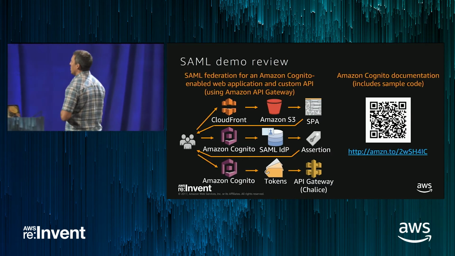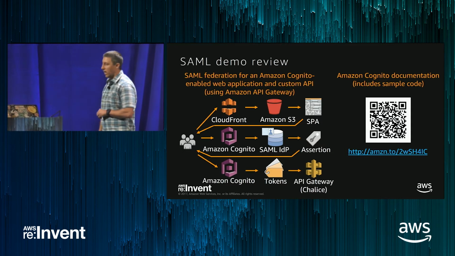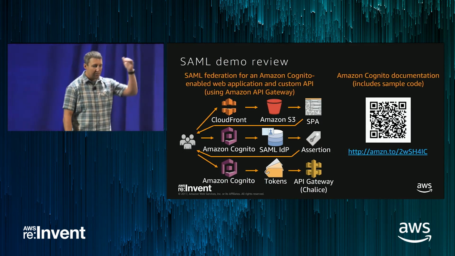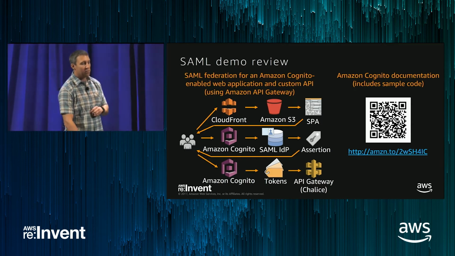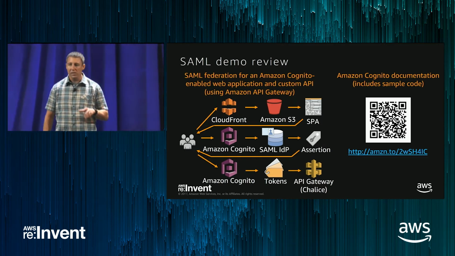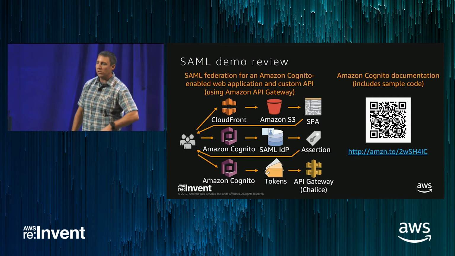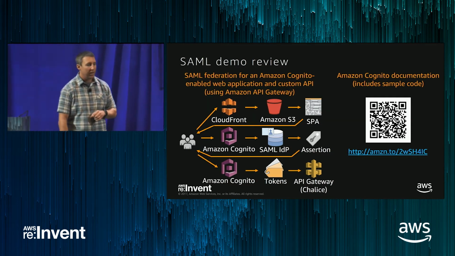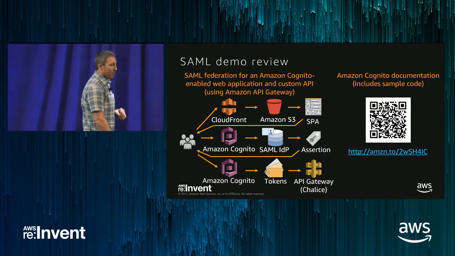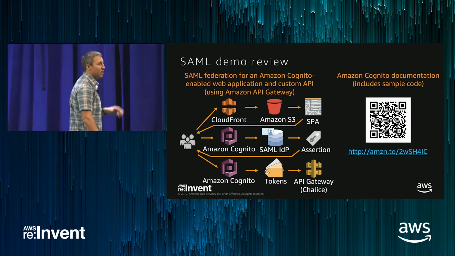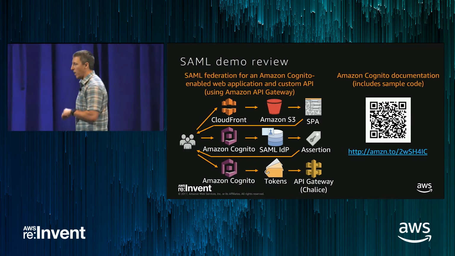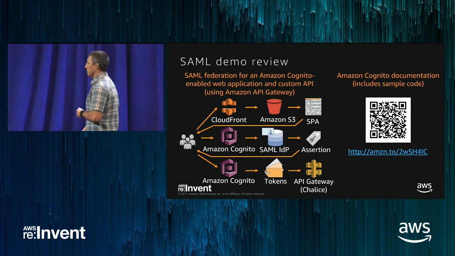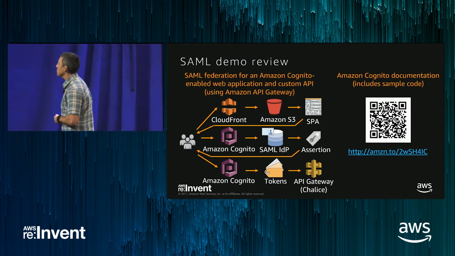And then secondly, we looked at how we brought the same SAML federated identities up to the front door of our environment and used a single page application through Cognito, used Cognito as a normalizing layer that translated the SAML federated identity into a Cognito set of tokens, and then used those tokens to call an API in the back end that was implemented using Chalice through API Gateway.